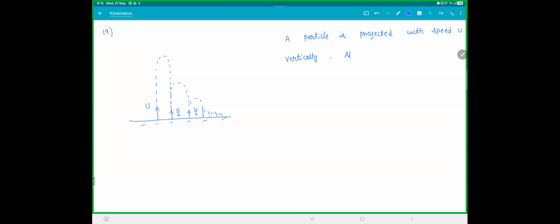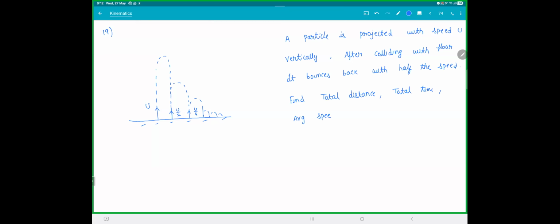Find the total distance, total time till it stops, and the average speed.